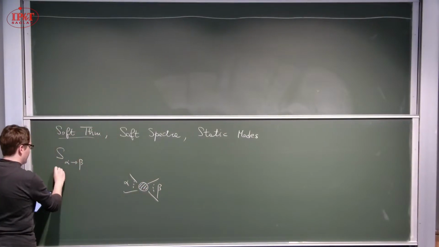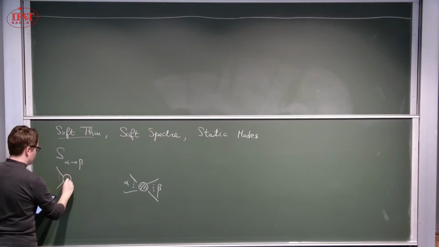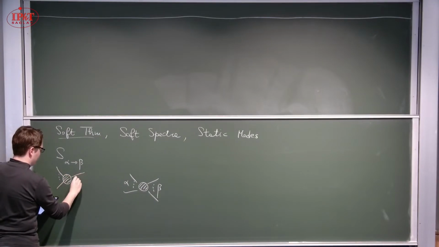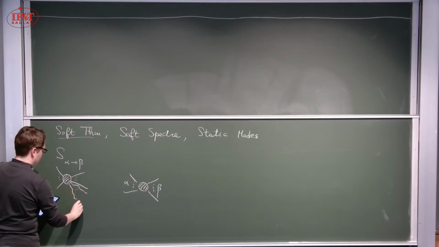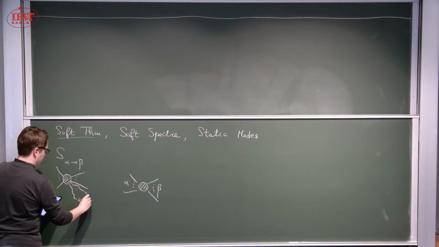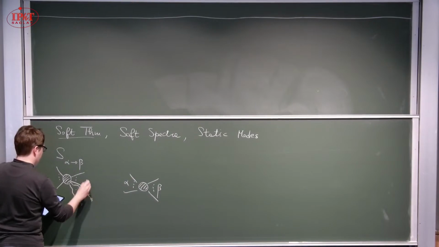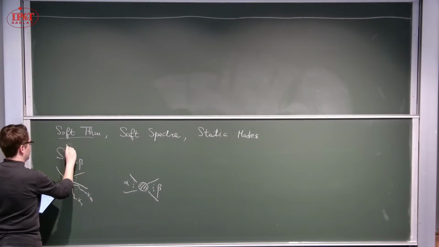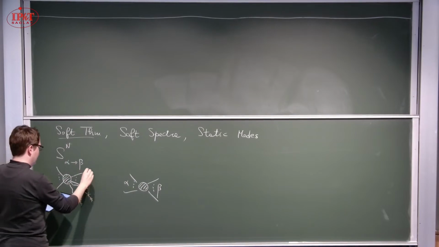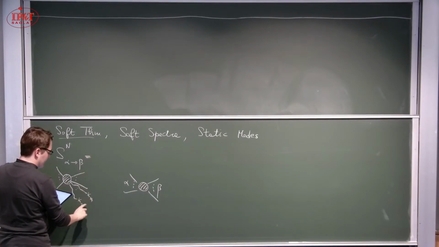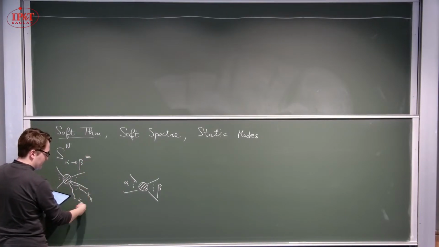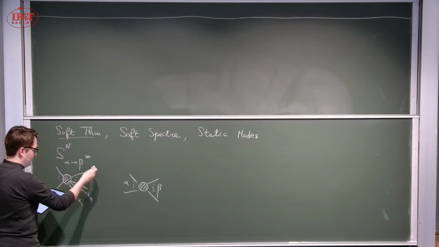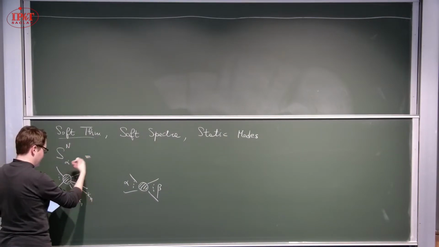Now, if we dress this process by, say, the emission, similar consideration also hold for the absorption, of n gravitons, with momenta k1, kn, so let me call this S_n, alpha beta, then to leading order in the limit in which the frequencies of these gravitons are very small, this admits a very simple form.